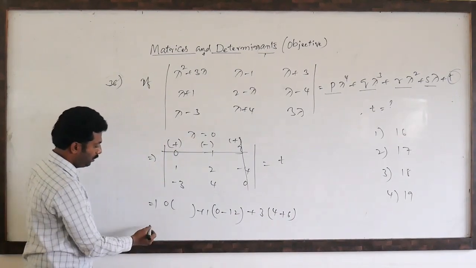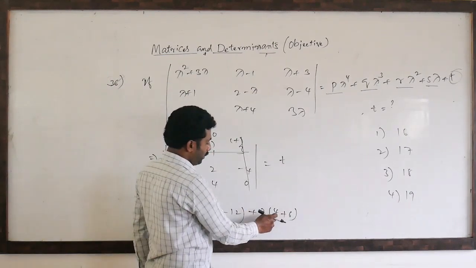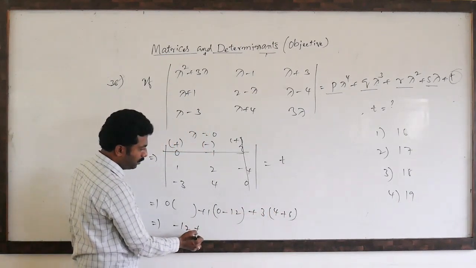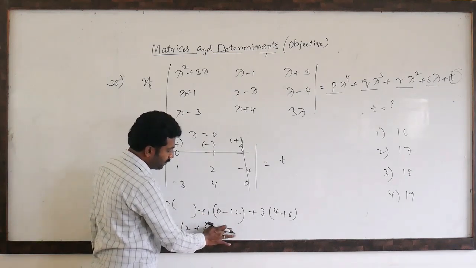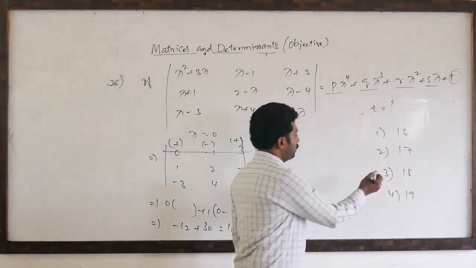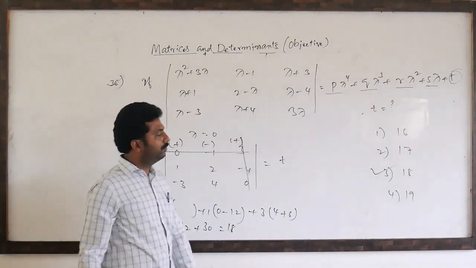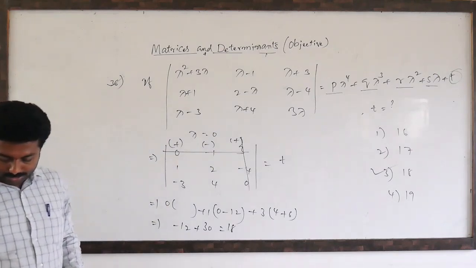So finally, what did we get? Minus 12. So this is 10 plus 10 into 3, it will be 30. So it is plus 18. So plus 18 means we can give the third option. Like that we have to answer. Next question.